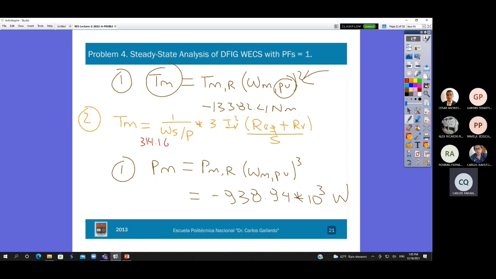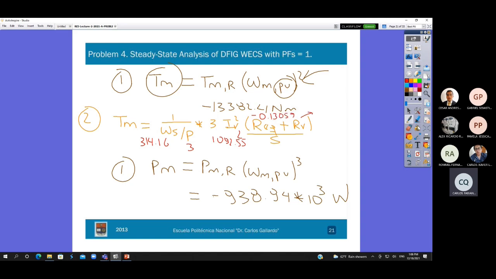The number of pole pairs is equal to 3. The rotor current, we have already computed this value, is 1092.55 squared. Okay, the equivalent resistance is data from the problem, so I will have negative 0.13095.